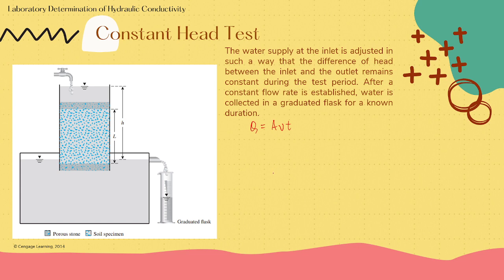We can write or expound that this is equal to the area times the coefficient of hydraulic conductivity K times the head, or in this case, the difference in head, H. There is no problem here because this is constant.